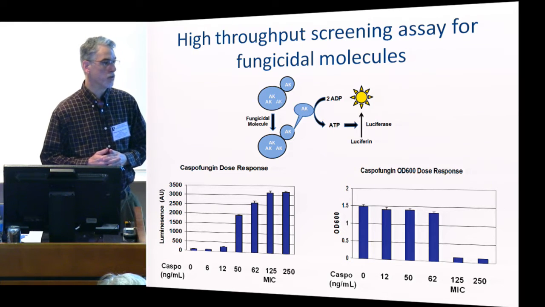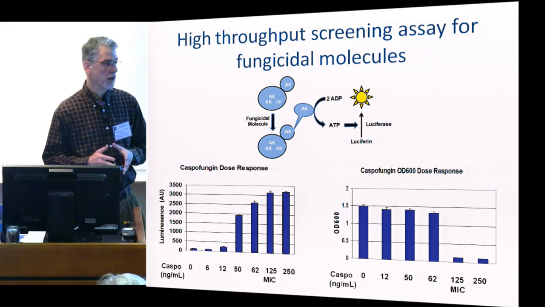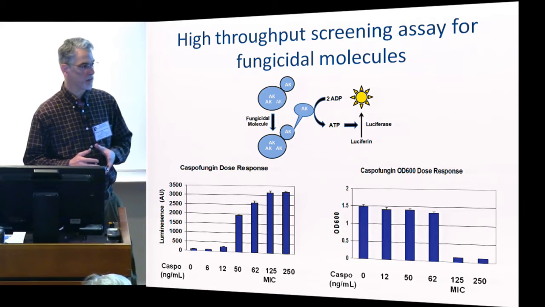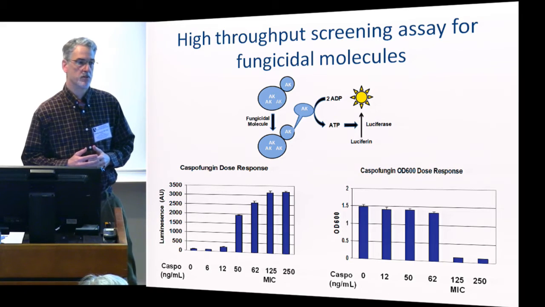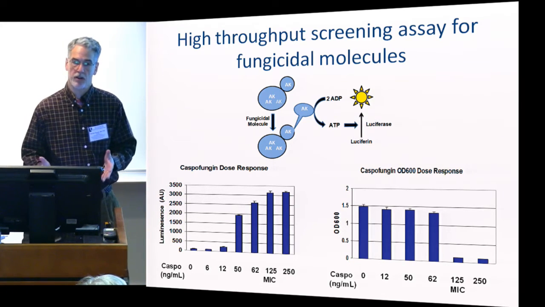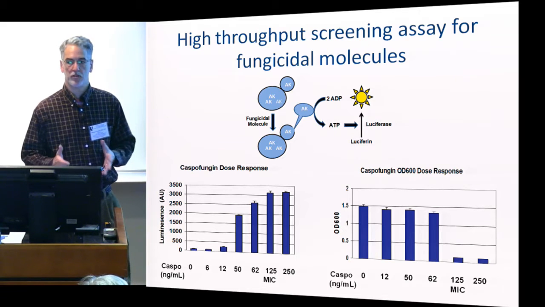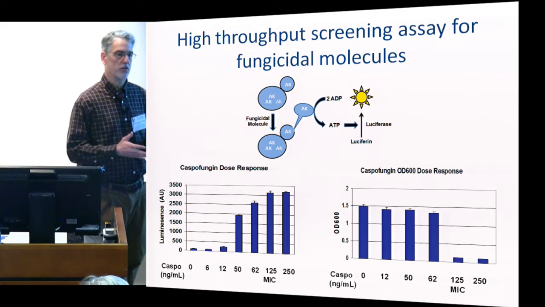So we have a 10-fold improvement in sensitivity for this particular molecule. It doesn't happen to work for all molecules. But for specific ones, we can have much, much greater sensitivity. This is particularly important if you're looking for natural products where you have a mixture of things. You can't really control the concentrations of molecules that you are screening.